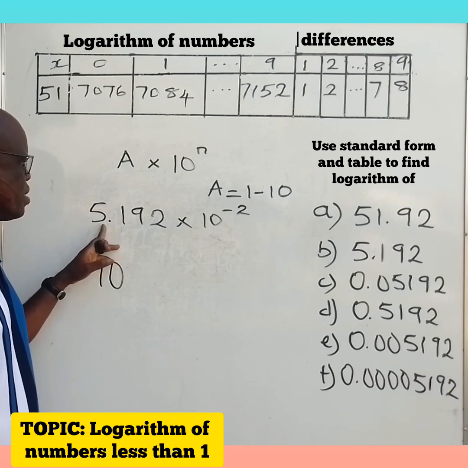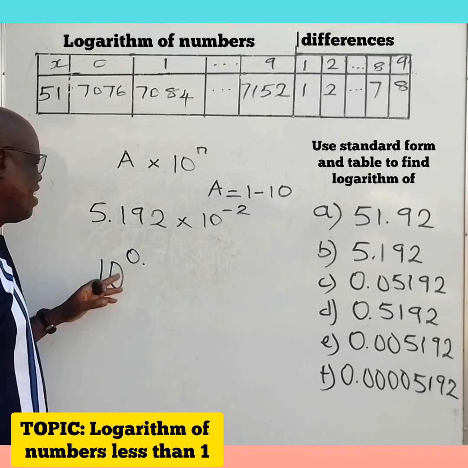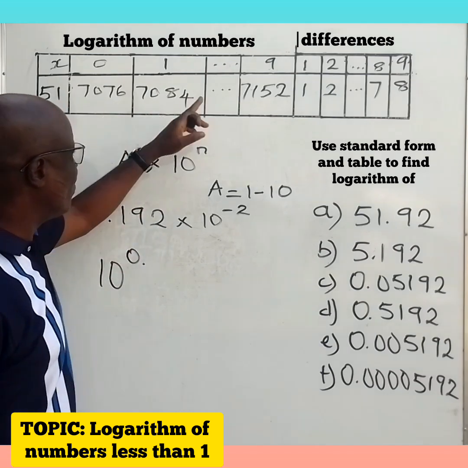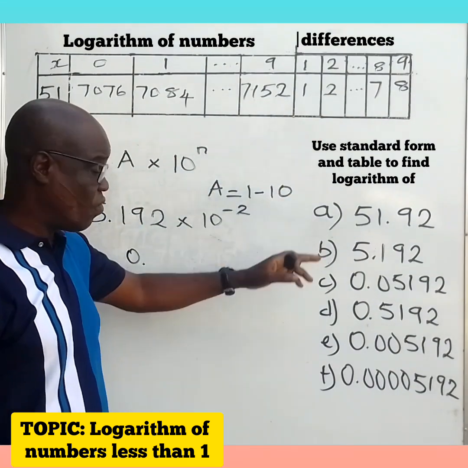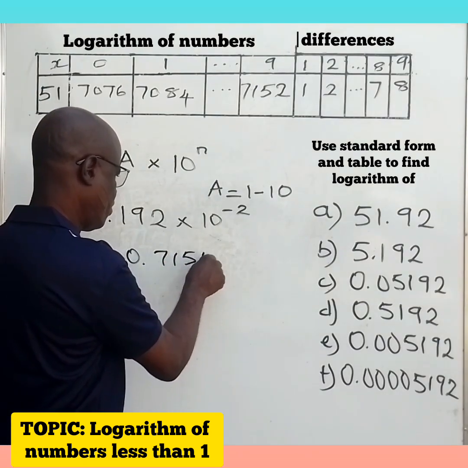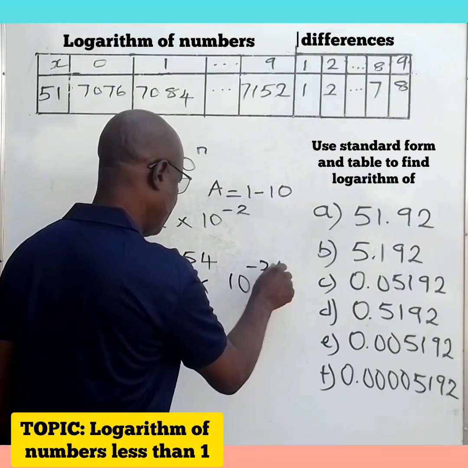And then, since it is 1, remove 1 from 1. That is 0 point. Now look for 51 under 9, difference of 2. That's 7154. Then multiply by 10 raised to the power minus 2.